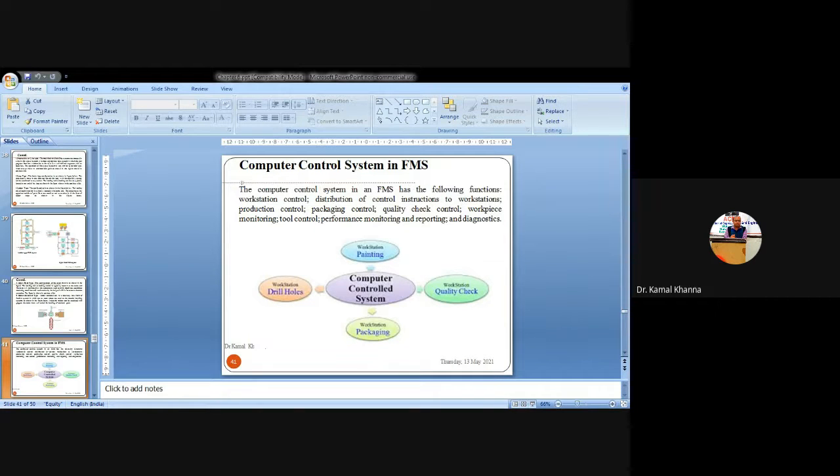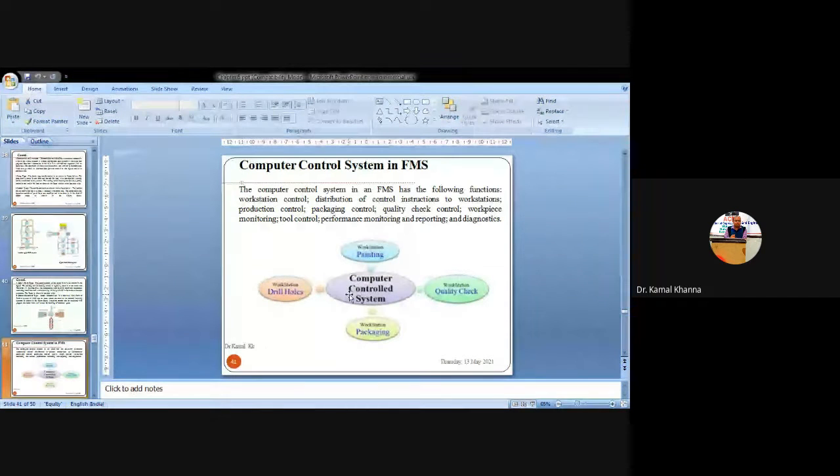Nowadays in the workshops, you can see all the workstations: production control, packaging, storage and retrieving, quality checking, inspecting the specimen, monitoring the workpiece transport from one end to the other, controlling the cutting parameters at the cutting area, controlling the position of the tool, controlling the position of the specimen, and controlling and reporting all the diagnostics or feedback back to the R&D department.